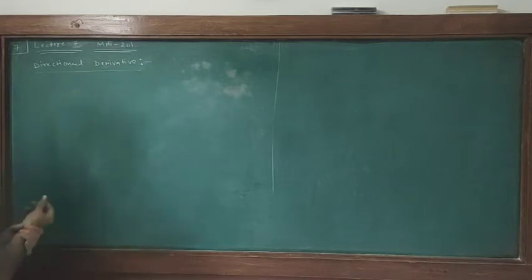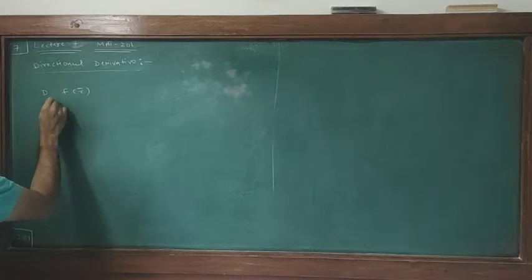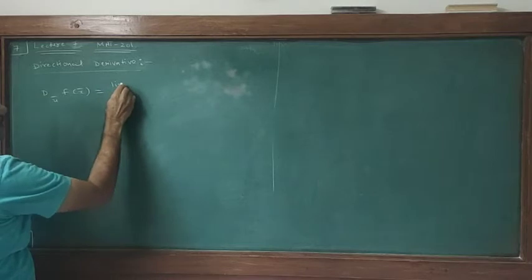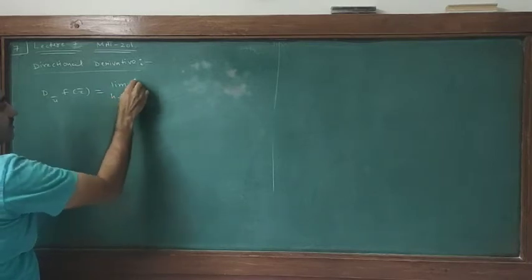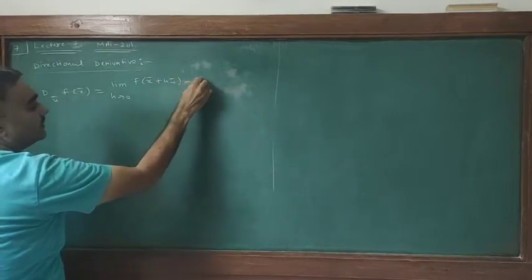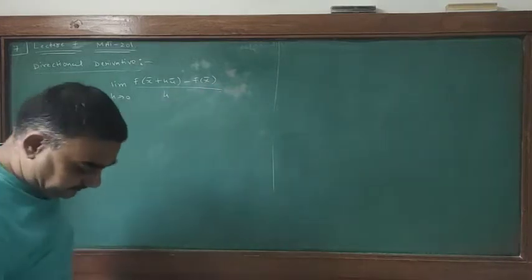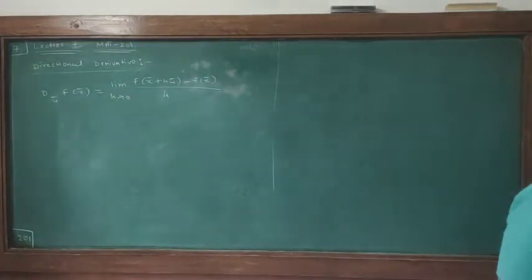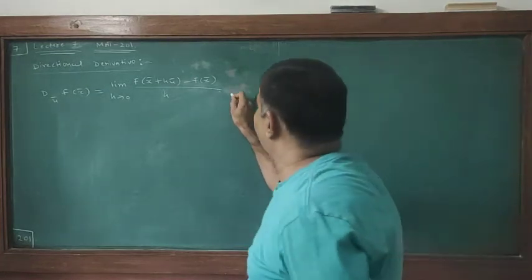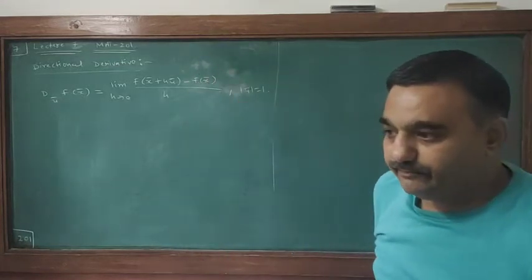The definition is like this: D of f at x bar along u bar is equal to the limit as h tends to 0 of f of x bar plus h u bar minus f of x bar, upon h. This is the definition of directional derivative, and u is a unit vector.